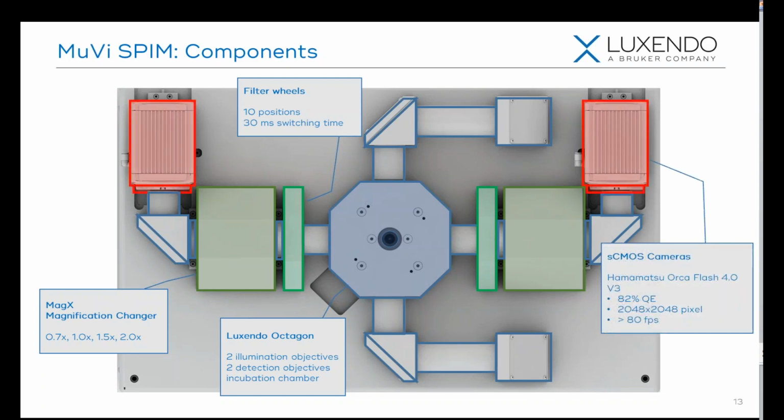And last but not least, on each detection arm, we have a scientific CMOS camera, specifically a Hamamatsu Flash 4 V3. Very high quantum efficiency, 4.2 megapixel camera that we can run at greater than 80 frames a second for each illumination arm.